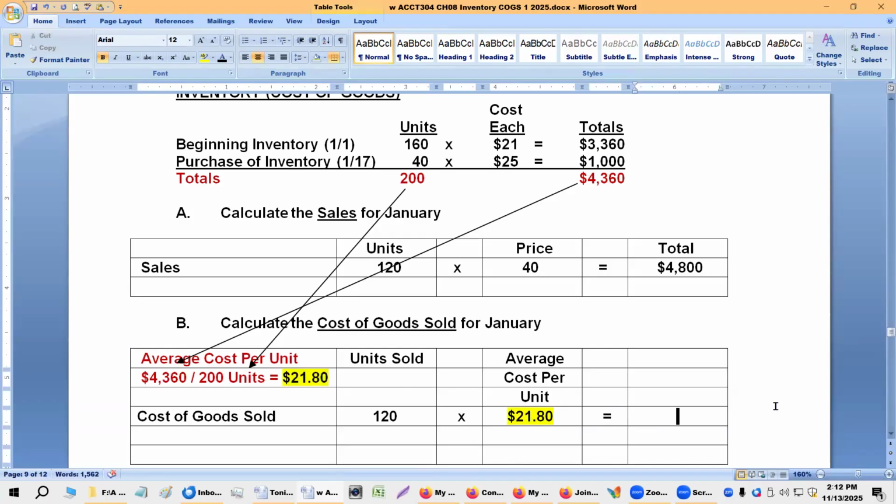$120 times 2180. $26.16. So this is our total cost of goods sold.